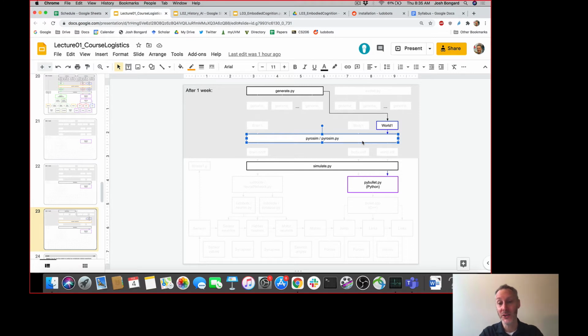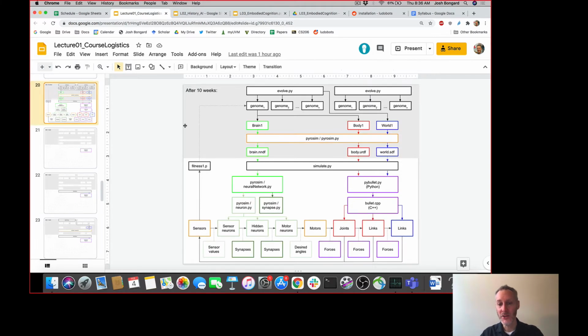So physical simulation is a fascinating topic in and of its own right, but some of the nitty-gritty details of physics, like inertia and momentum and tensors and so on, not important for our purposes. So Pyrosim hides a lot of those. It also, as we'll see in a couple weeks' time, allows you to create a brain for your robot.